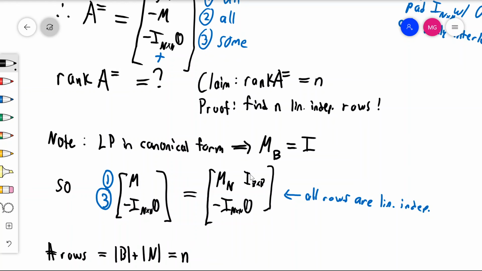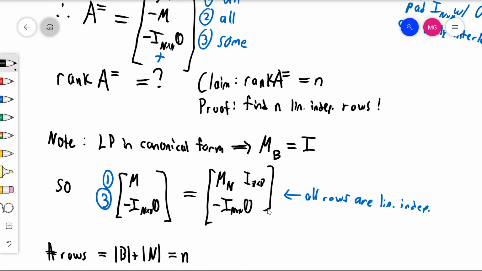Then what you have is an upper triangular matrix, and for an upper triangular matrix, the determinant is the product of the diagonal entries, and the diagonal entries are plus and minus ones.